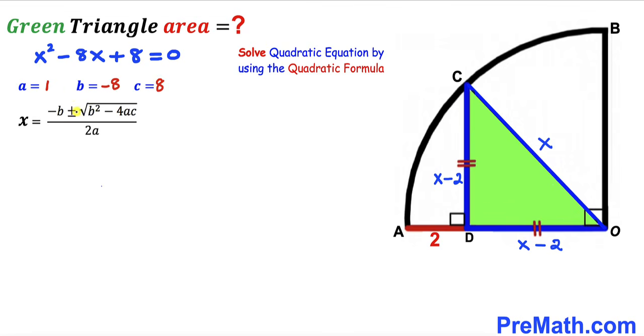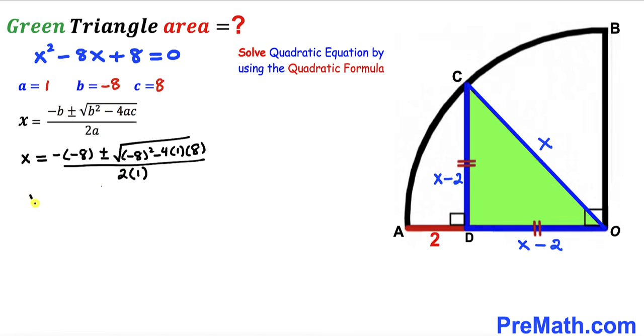Let's fill in the blanks in this quadratic formula. We get X equals negative b, and the b value is negative 8, plus or minus the square root of negative 8 squared minus 4 times a, which is 1, times c, which is 8, all over 2 times a, which is 1.